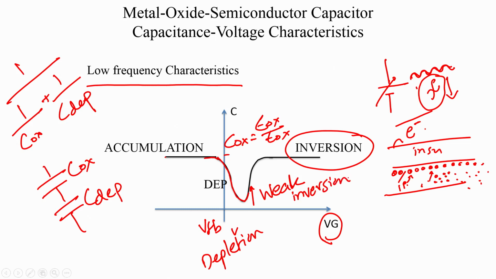We have not discussed this mode in full detail, because for that we need to solve Poisson's equation accurately. You quickly get into inversion mode, where you have a lot of electrons at the interface, and the capacitance once again becomes Cox, because now the electrons can easily respond to the small low frequency AC voltage.